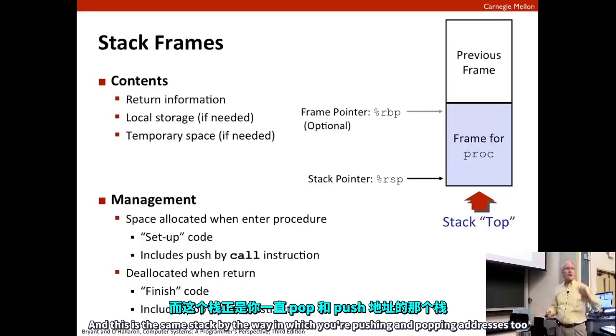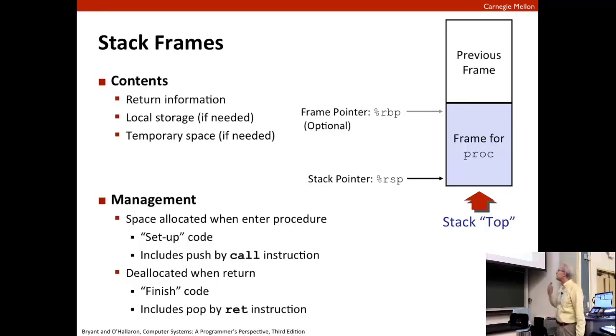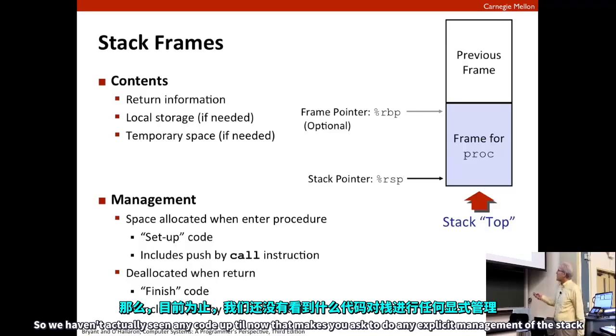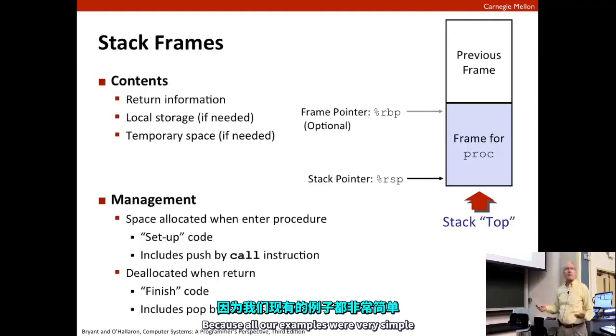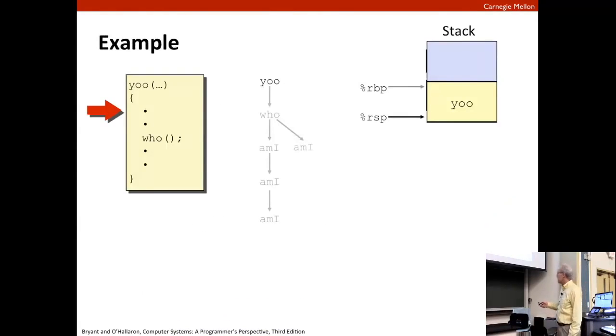And this is the same stack, by the way, in which you're pushing and popping addresses too, and they all get mixed together. So we haven't actually seen any code up till now that has to do any explicit management of the stack, because all our examples were very simple and just made use of the stack only for return addresses.